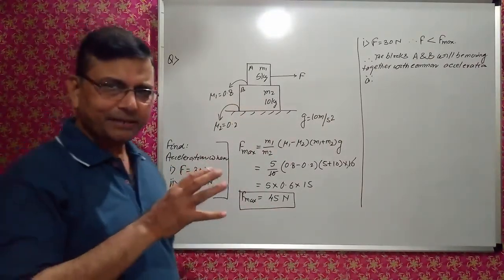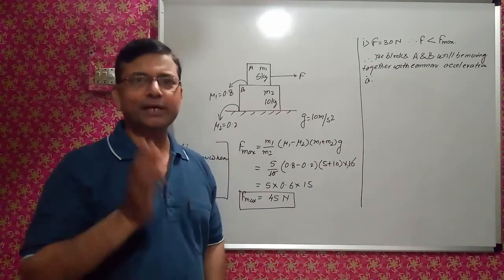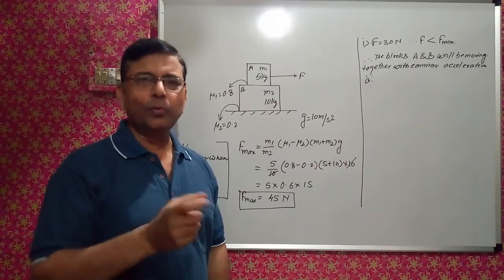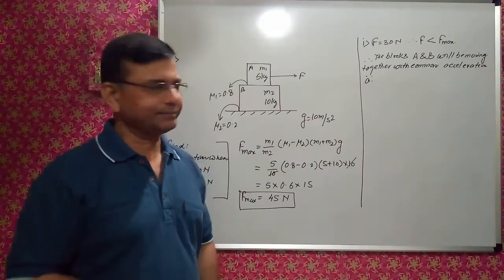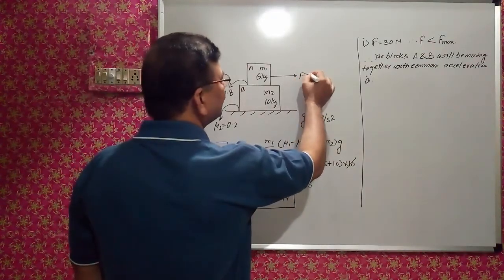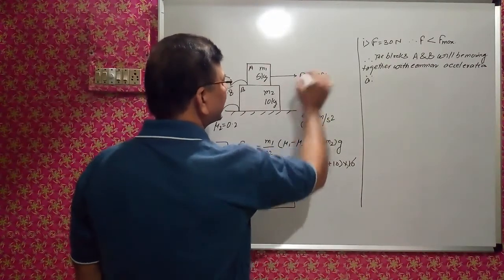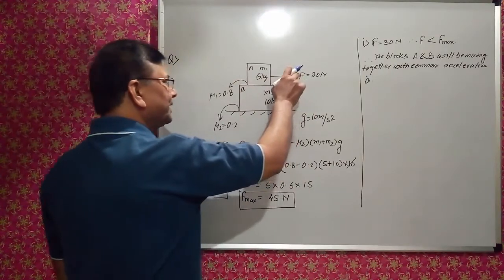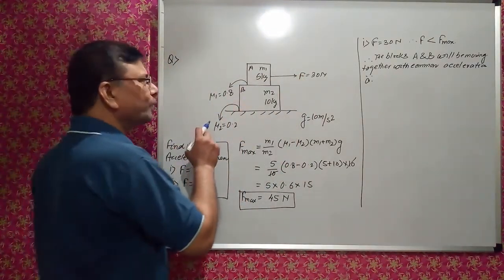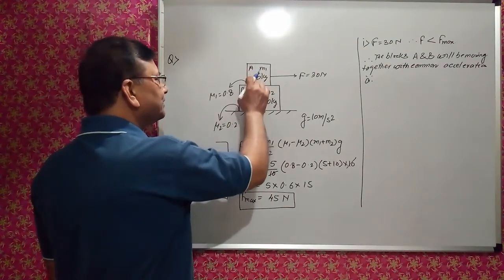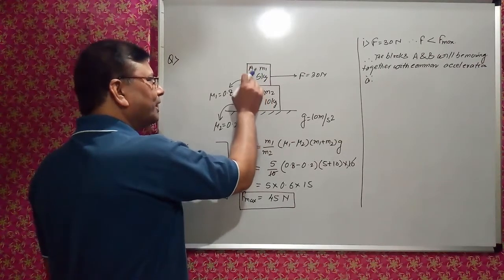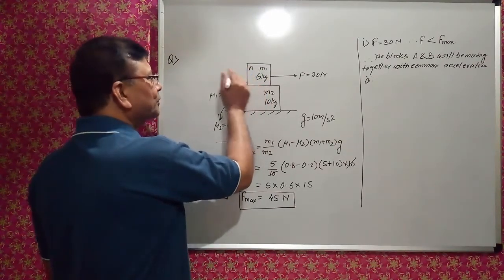Second aspect, second step which we are supposed to do, we have to find that block where only frictional forces are acting, right? So here it is, F is equal to 30 Newton. Since force is being applied and this is not the maximum force, in that case what happens, there will be frictional force acting on this block as well as on this block. On this block, what will the frictional force?